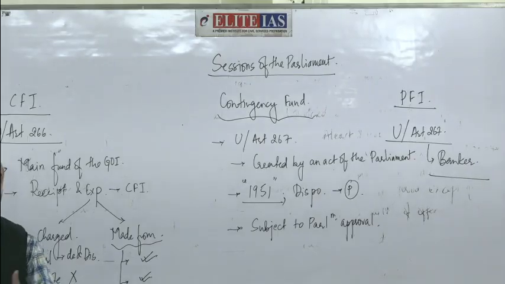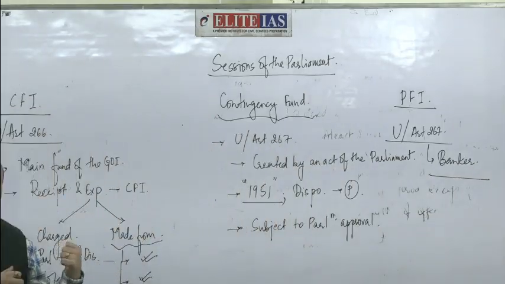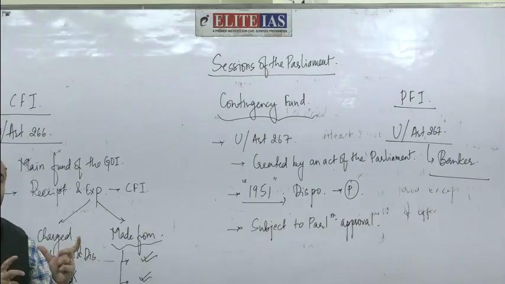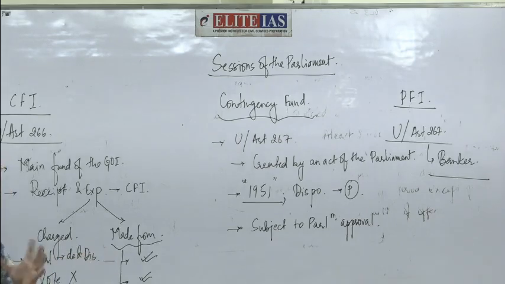So it will be expected that because the president has visited such a place, the president will give some kind of a grant or something like that. But the president will not act in his discretion. The president will give that grant only when the Council of Ministers have previously approved it. If the Council of Ministers have previously approved, which means that it is very likely that the Parliament is also going to approve it.